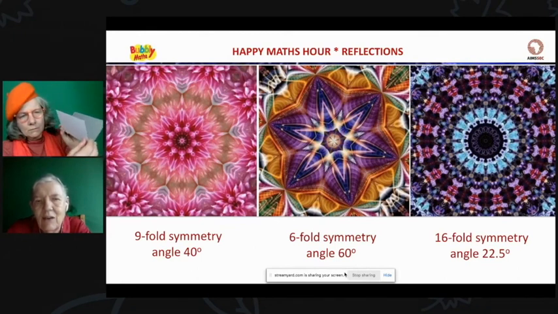And here you get your sort of blue and purple flower with some orange and green. It's a 6-fold symmetry, and some people say rotational symmetry. Some people say the order of rotation is 6.